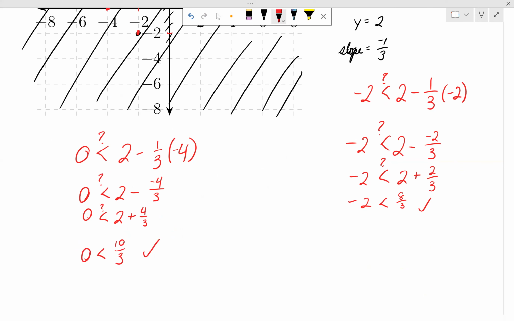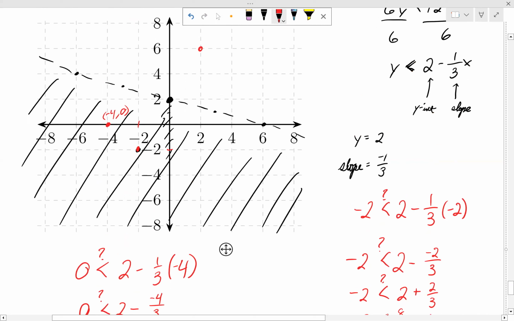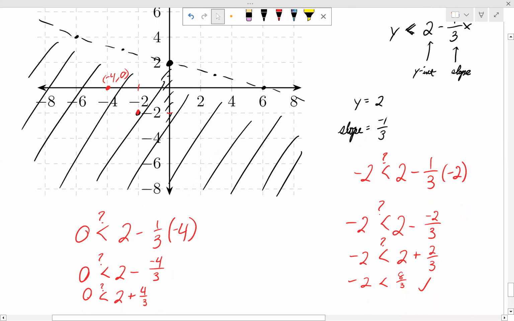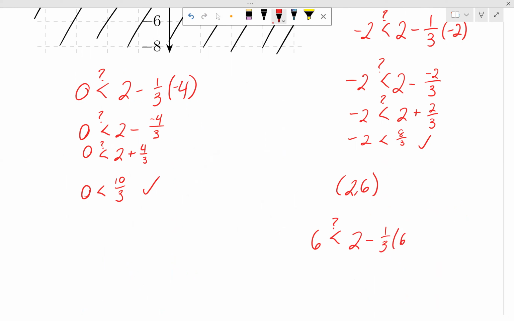So it holds. And to show that it doesn't hold for up here, I could pick the point 2, 6. 6 is my y. 2 is my x. So I have, is 6 less than 2 minus 1/3 times 2? 2 is my x.